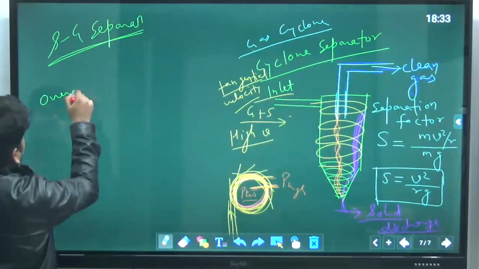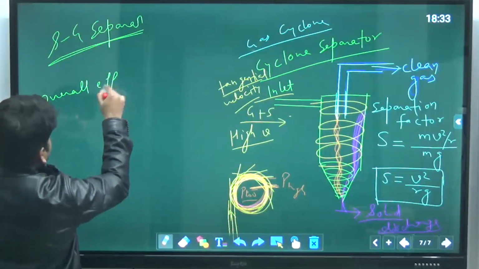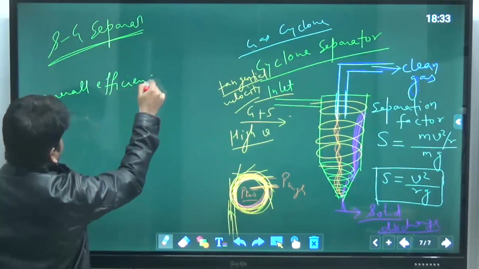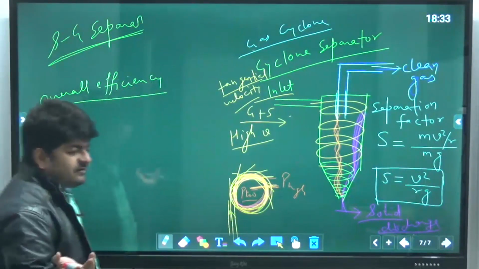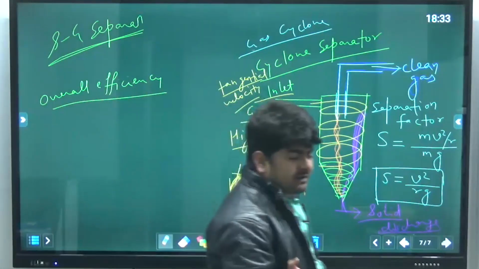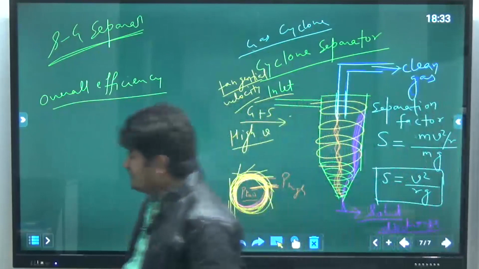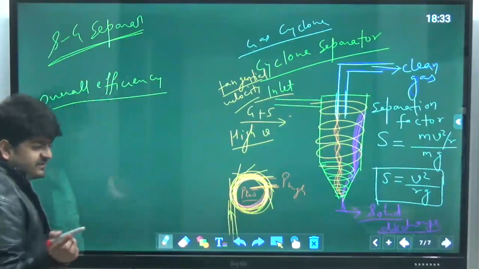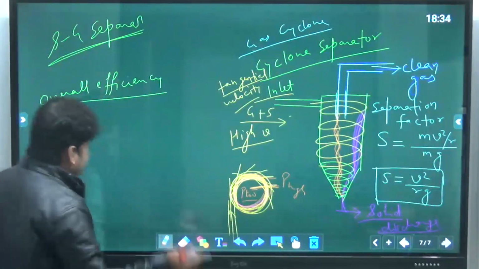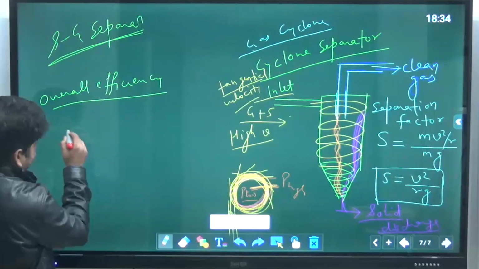And if you want to calculate the overall efficiency of this cyclone separator, there are various methods which are available in Coulson and Richardson as well. If you know the book, there as well you can see all those methods. Otherwise, one common method to calculate the overall efficiency is this.